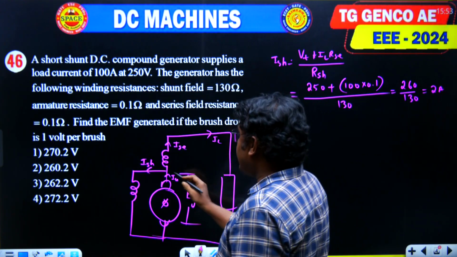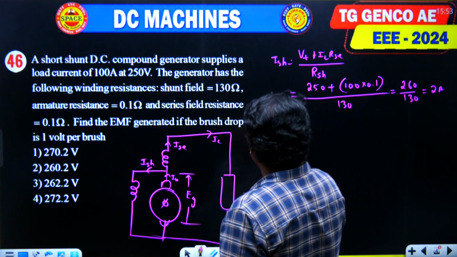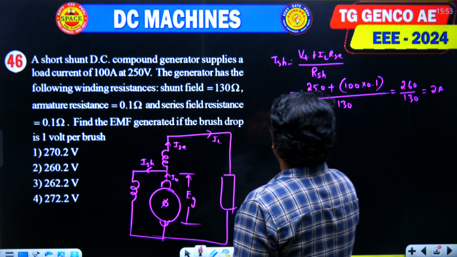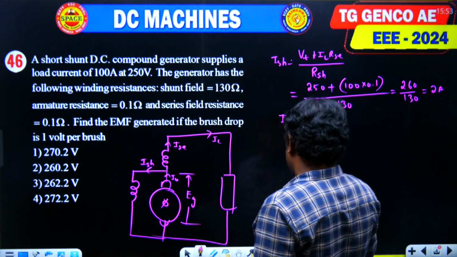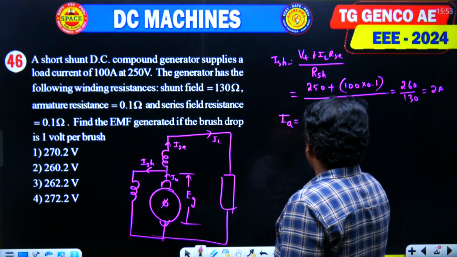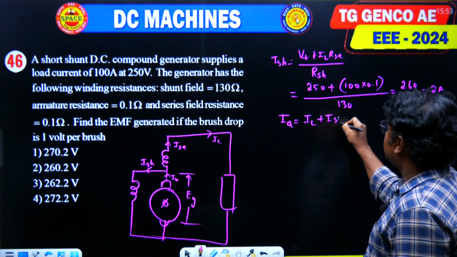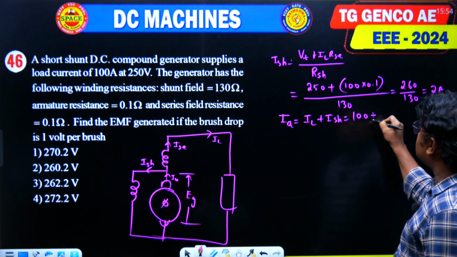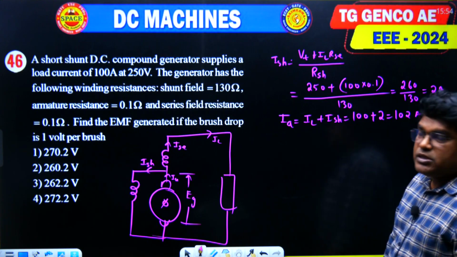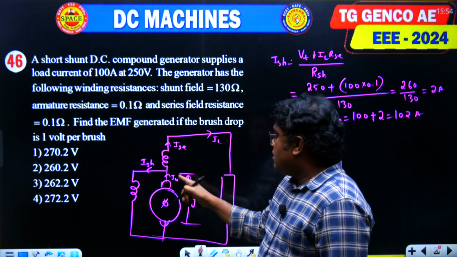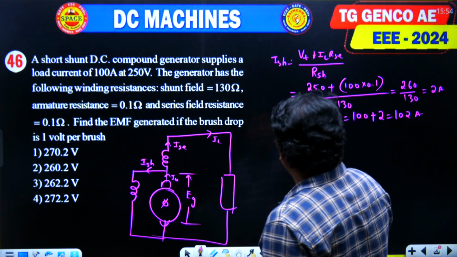If the shunt field current is 2 amps, then armature current IA is equal to IL plus ISH, so 100 plus 2, which is 102 amps. So armature current is 102 amps. And next, we require the generated voltage.